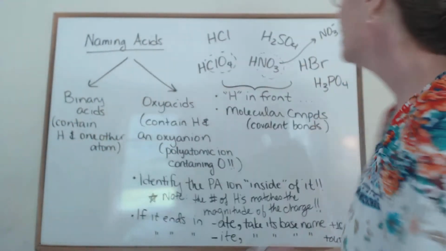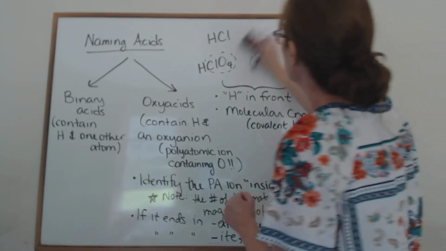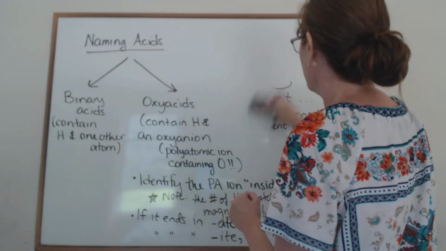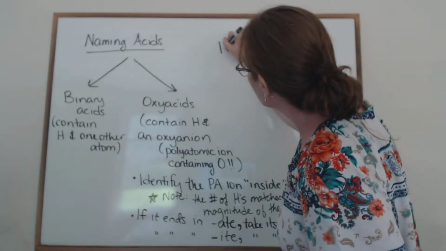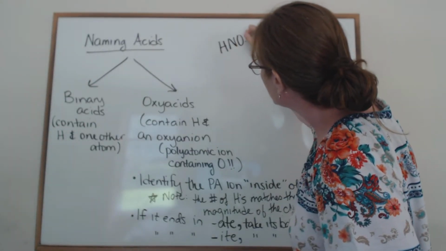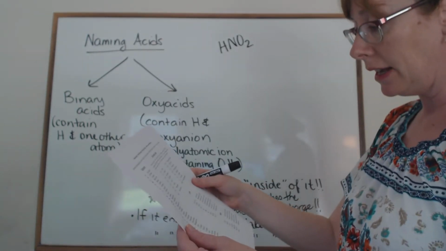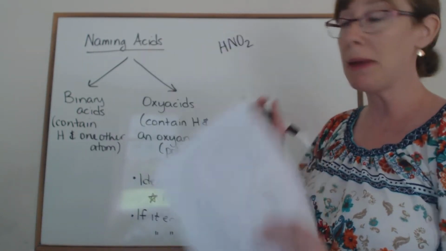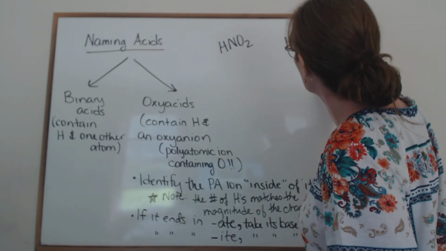I don't know that I have any examples of this type, so let me put a few up here. Let's go ahead and name this compound. I don't think it was on your memorized list. It's not, but at this point we can name it. So let's do this one and this one here.